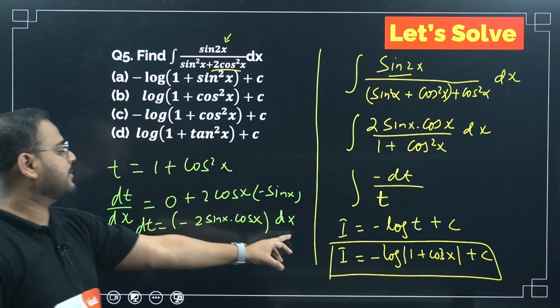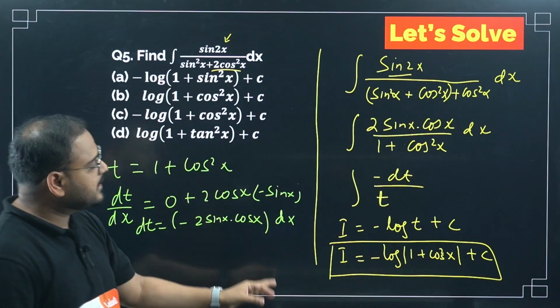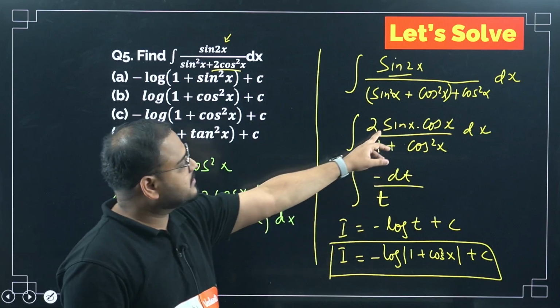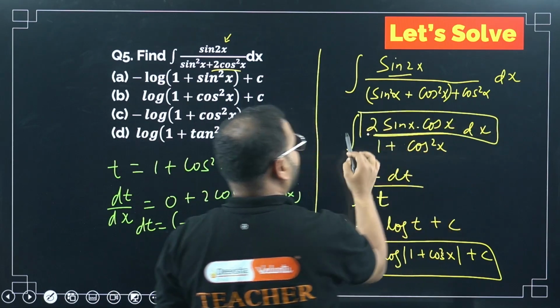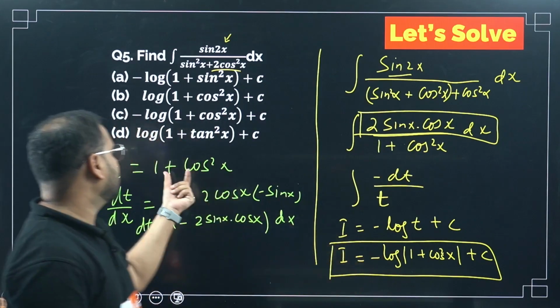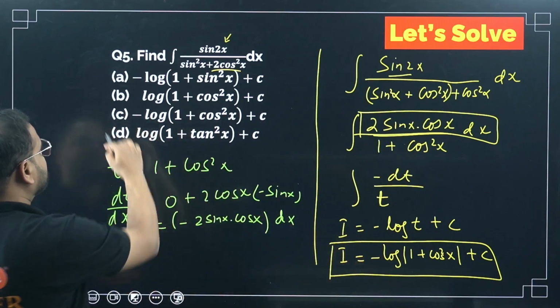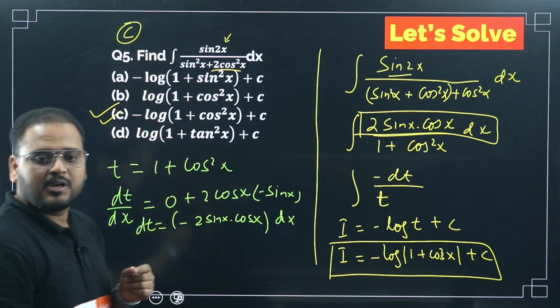I've taken dx to the other side, so dt is equal to minus 2 sin x cos x with dx. Replace this part over here by minus dt. Then this is simply log of t. T value is this thing, option number C. Option number C. Simple, very simple.